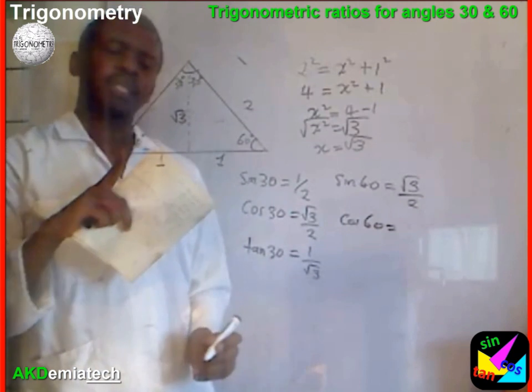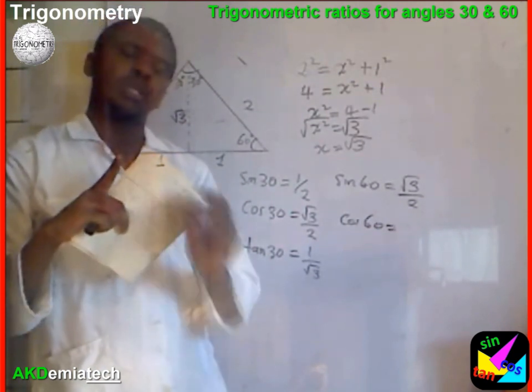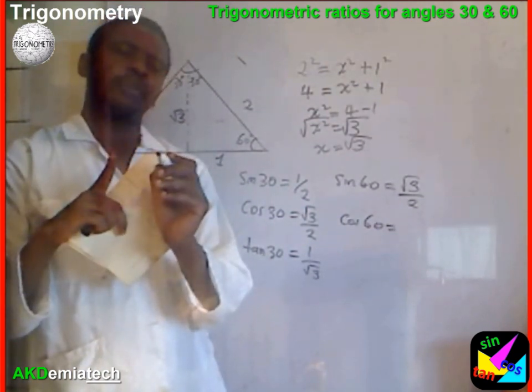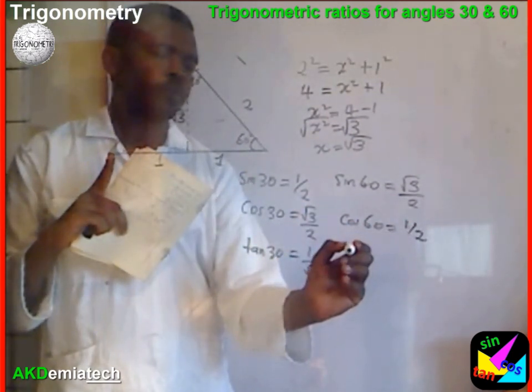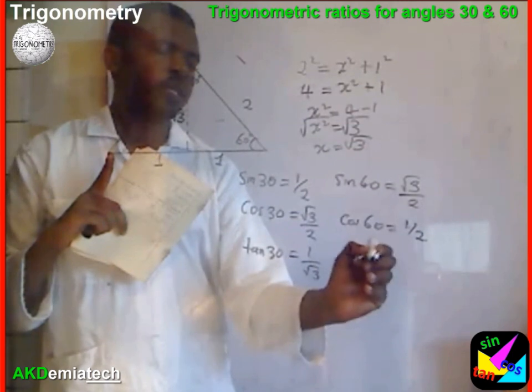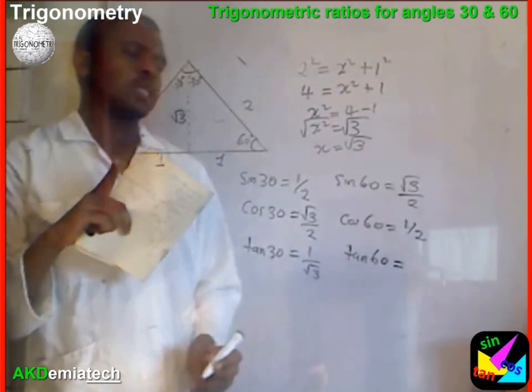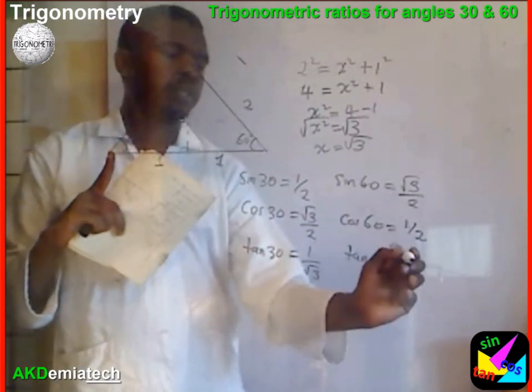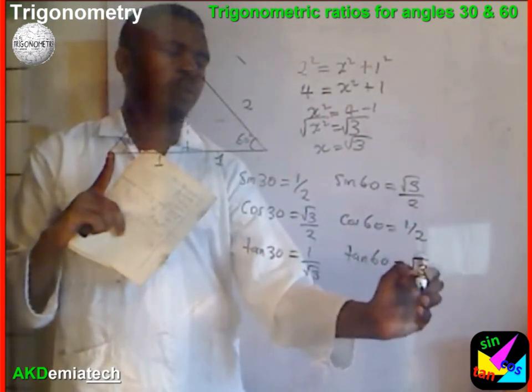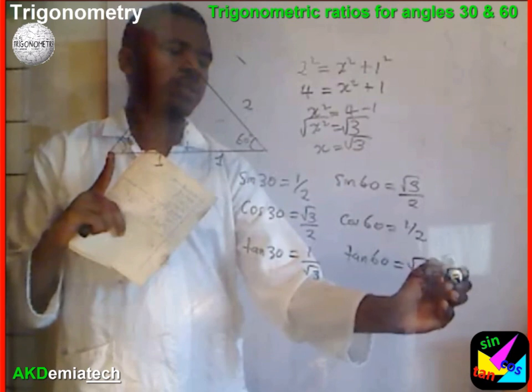Cos is adjacent all over hypotenuse, that is 1 over 2. Tan 60 is equal to opposite all over adjacent, which is root 3 all over 1, which is equal to root 3.